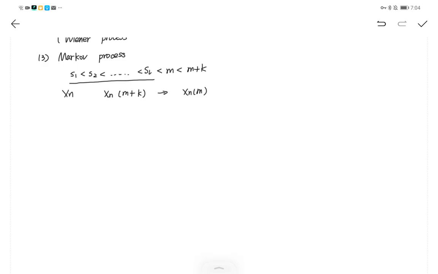And we can talk about the fourth, normal process. We also call it Gaussian process.